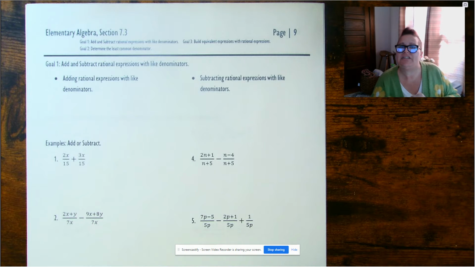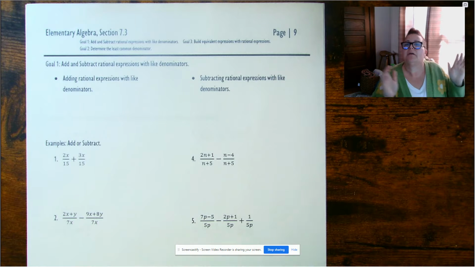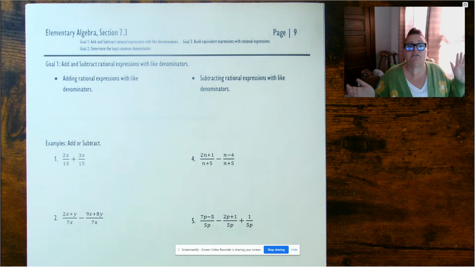7.3 is the addition of rational expressions with like denominators. So we are going to harken back to the skills you have from adding and subtracting fractions. And we're going to add and subtract fractions with what are known as like denominators.